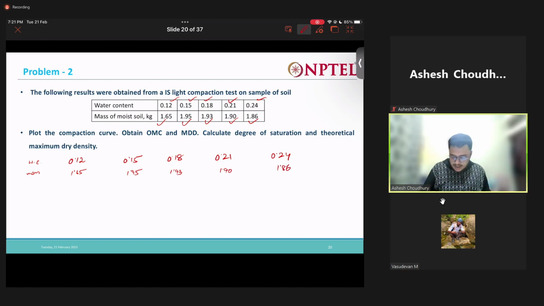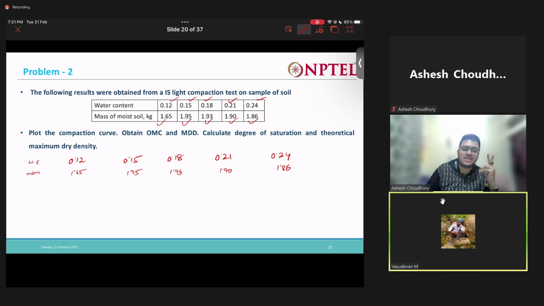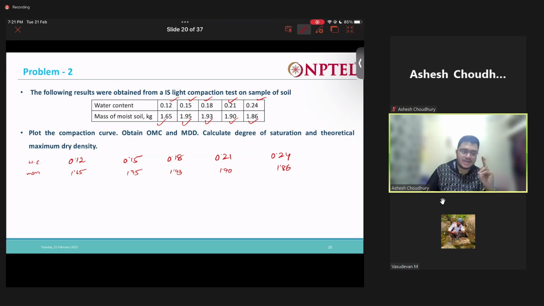Now, what are the two parameters that you need to plot the compaction curve?